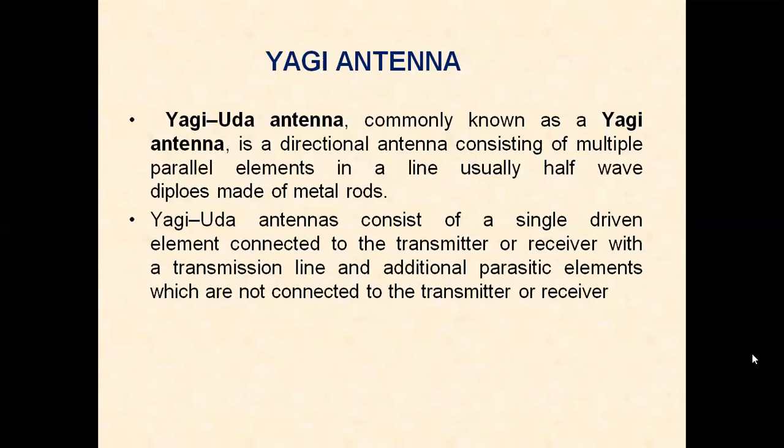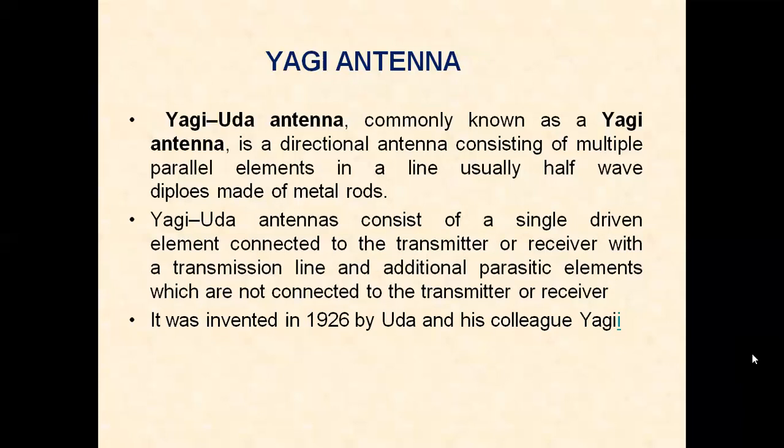So the Yagi antenna consists of a driven element connected to the transmitter or receiver with a transmission line, and parasitic elements, that is a reflector, director, and one or more parasitic elements to increase the radiation in the favored direction. These parasitic elements are spaced typically lambda by 10.